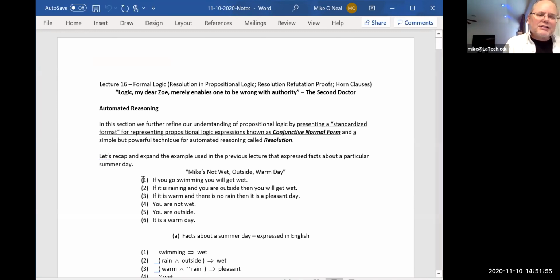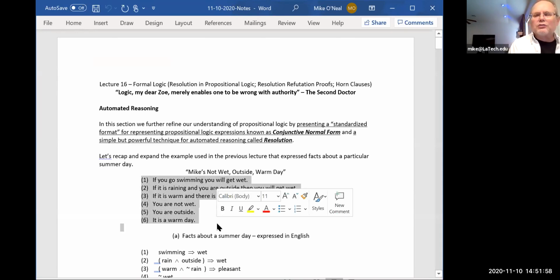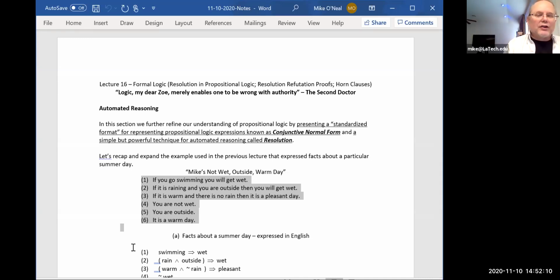I made 6 statements about a world that I wanted to reason over. When we begin the reasoning process, we assume that all 6 statements are true. I'm telling you they're true, but if you want to reason over these statements and come up with other statements that must be true, then the assumption that we started with has got to be true. So these 6 statements have to be true, and they have to be mutually consistent.